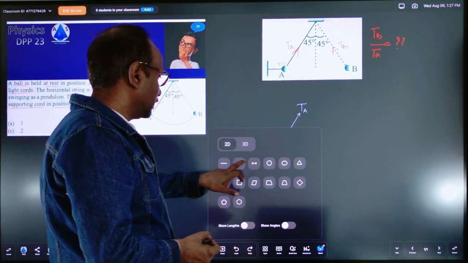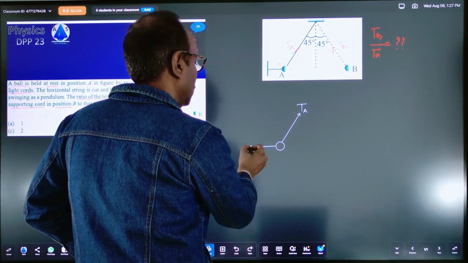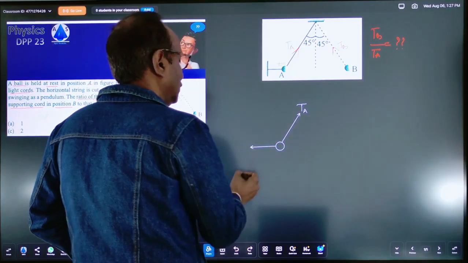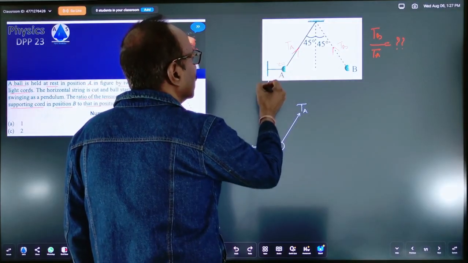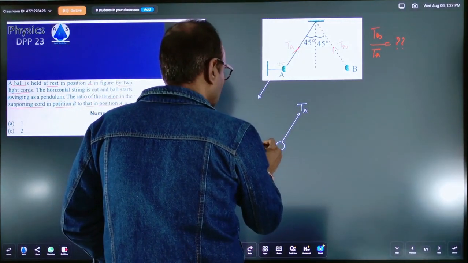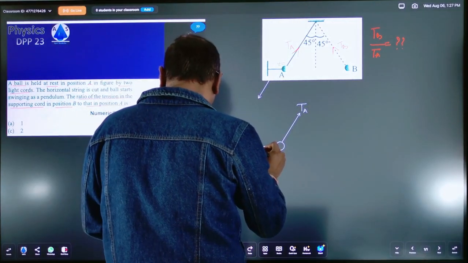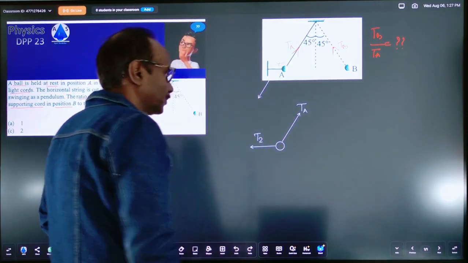The other force is the tension force due to this cord. So let us give it a name T subscript 2.